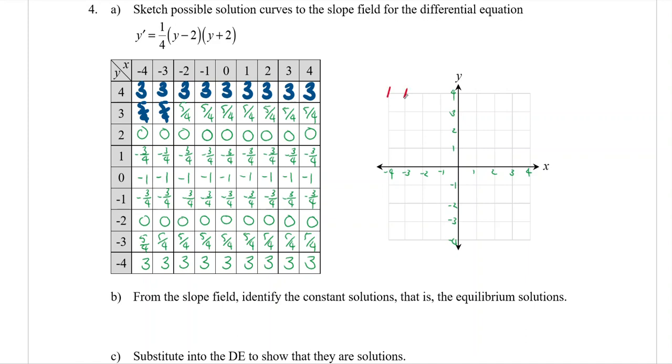It's a big, steep gradient of 3 the whole way along the line. Same gradient the whole way down. Then we want a gradient of 5/4 or 1.25, so just slightly bigger than 45 degrees, or about 45 degrees even. Then we have a gradient of 0.